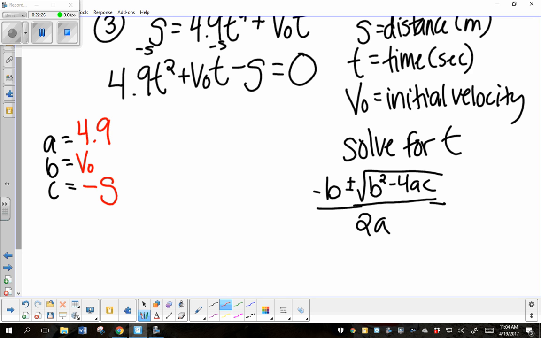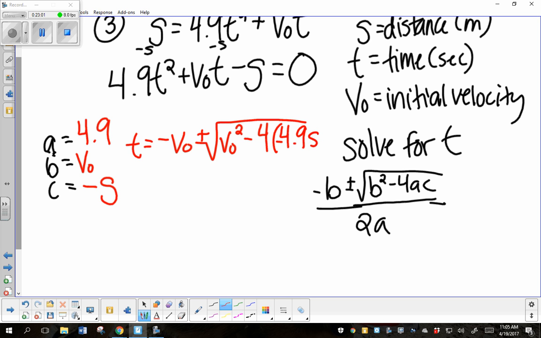So we're going to plug all this into our quadratic formula, and it's going to get us t, because t is kind of like our x, and the quadratic formula usually gets us x. So t equals negative b, so negative what? V naught, plus or minus the square root of b squared, so v naught squared, I know this is weird, minus 4 times 4.9 times negative s.